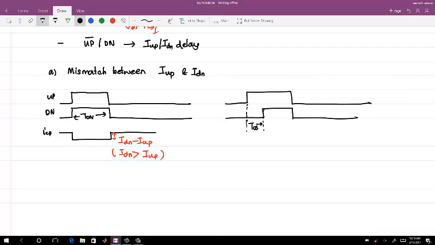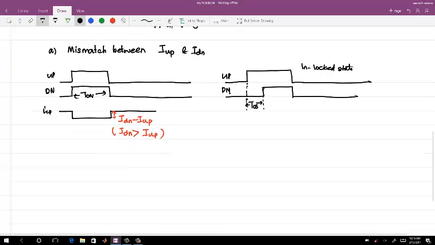So in the locked state, the up and down signals will then give you ICP as high for the time when up is high and low for the other time.